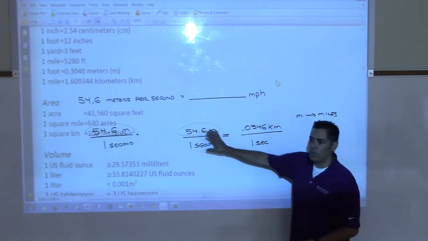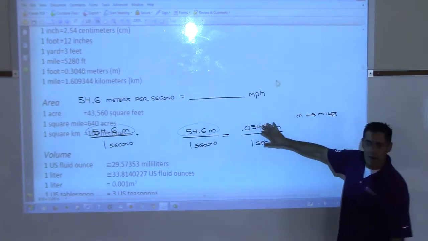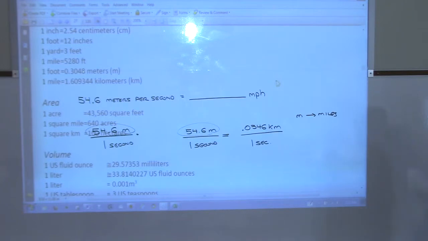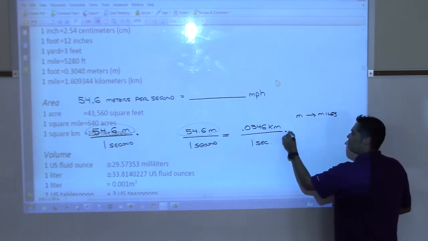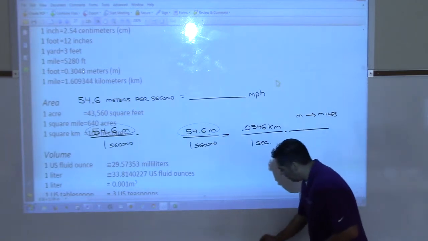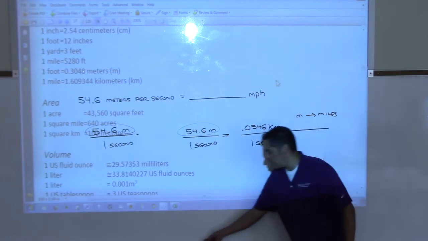I'm not using a conversion factor here. I'm not multiplying by anything. I'm just saying this is the same as this, right? Now we come in with our conversion factors. I want the kilometer to cancel, right? So Alyssa, how am I going to get my kilometers to cancel here?